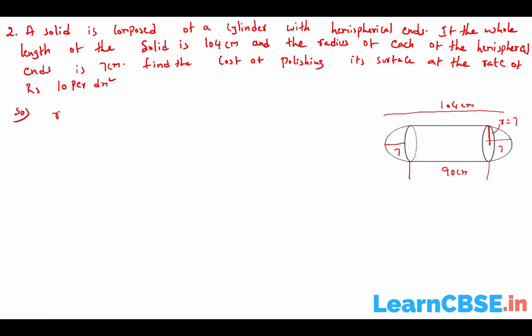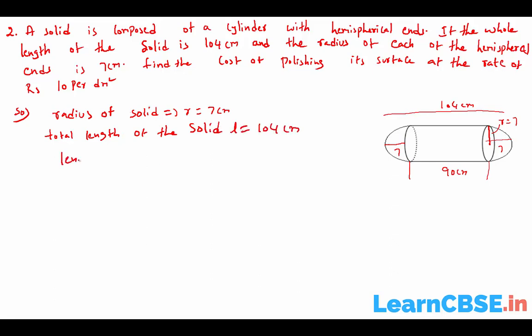Solution. Radius of the solid, because it is the common radius for both, so r equals 7 centimeters. Total length of the solid L equals 104 centimeters.